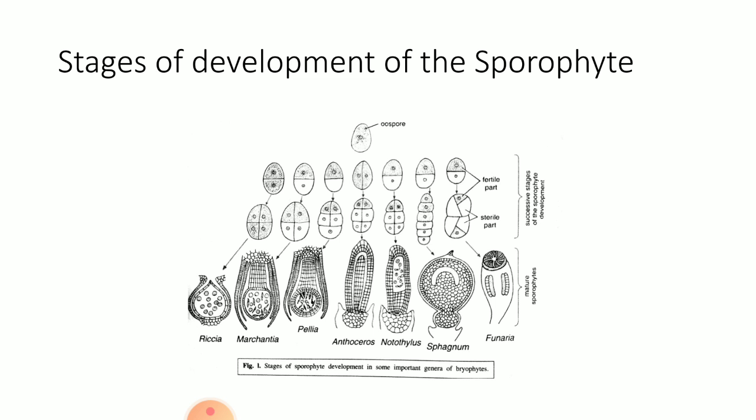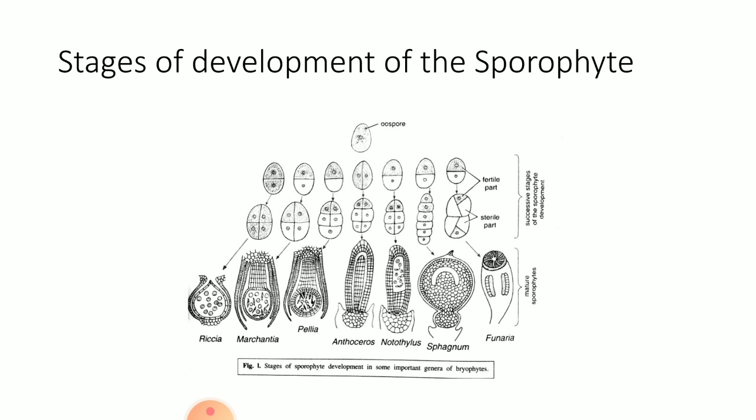The capsule portion is differentiated into an outer amphithecium and an inner endothecium. The single layered capsular wall is formed from the amphithecium. The entire mass of endothecium acts as sporogenous tissue and becomes the archesporium.